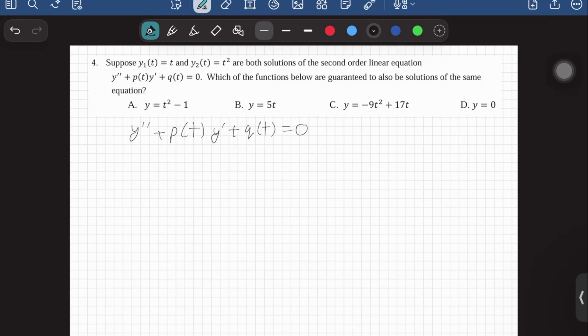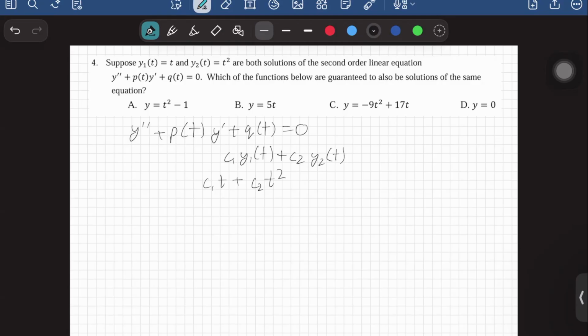So we'll have constants multiplied: c1 y1 of t plus c2 y2 of t. So this is guaranteed to be a solution, so c1 t plus c2 t squared as well, right?